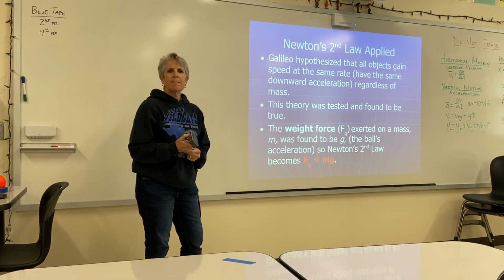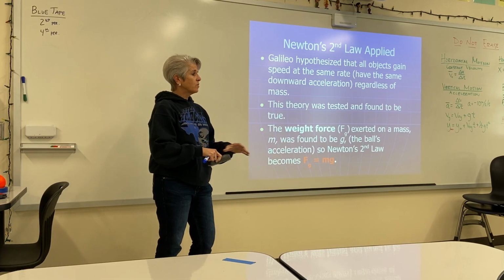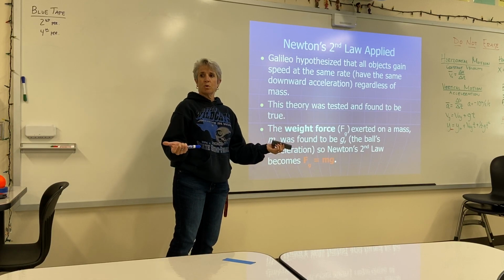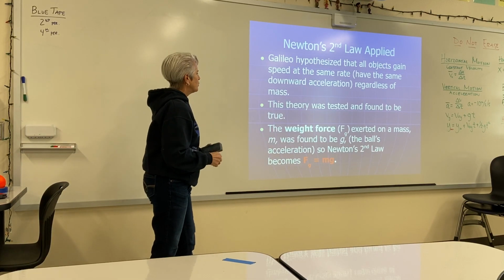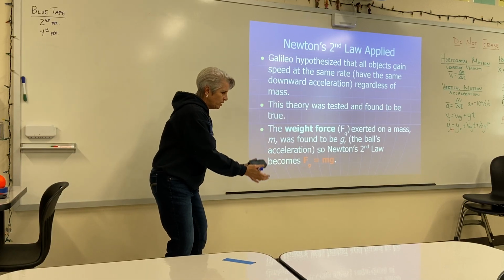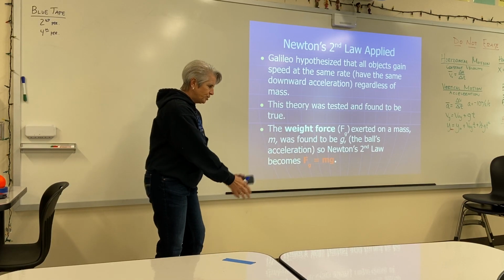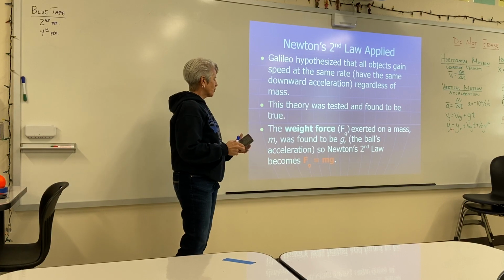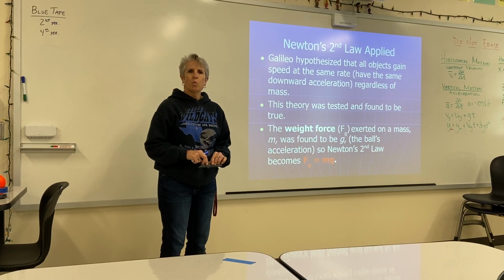And we did a lab where we dropped different things that had different masses, and we found that to be true as well. So when a mass gets accelerated, it's being pulled down by Earth's gravity. This is what causes weight.